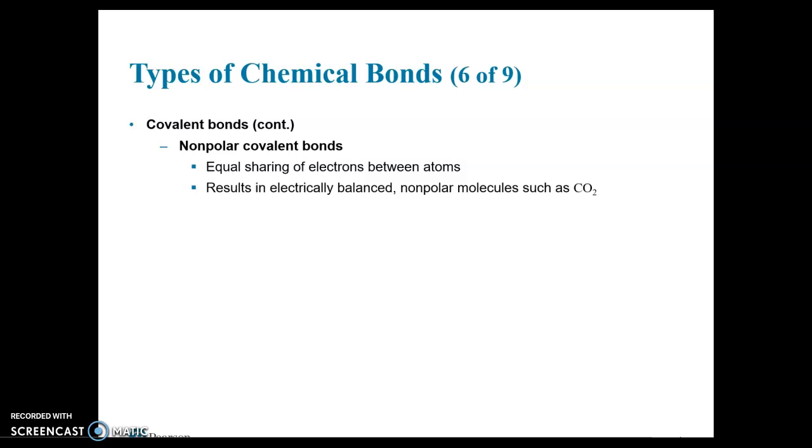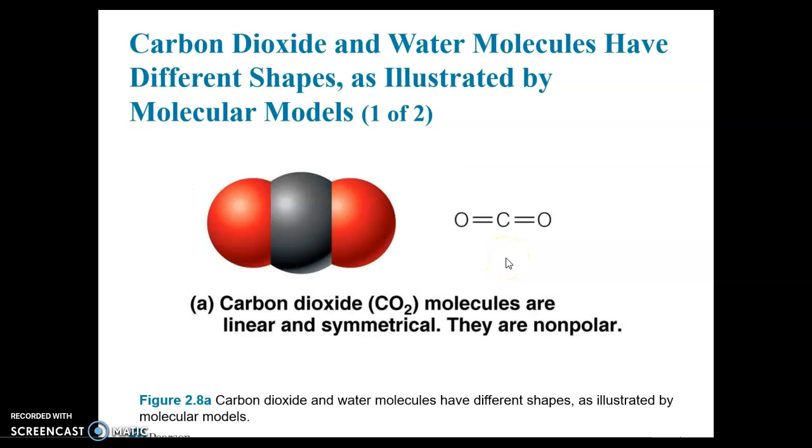It's pretty evenly balanced. So it results in an electrically balanced nonpolar molecule, and carbon dioxide is an example of that. Actually, oxygen is more electronegative than carbon, so it does carry a slightly negative charge compared to carbon, but you've got two slightly negative charges on either end, so it doesn't result in an imbalance in charge.